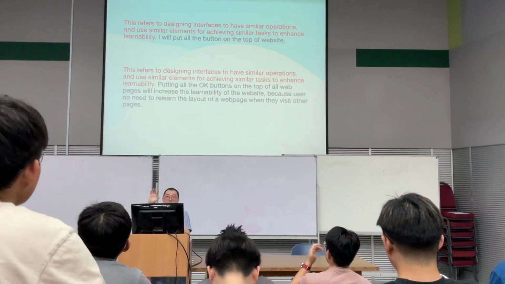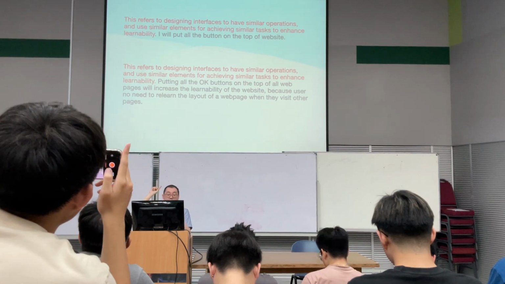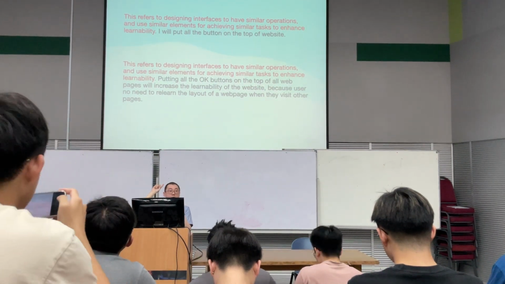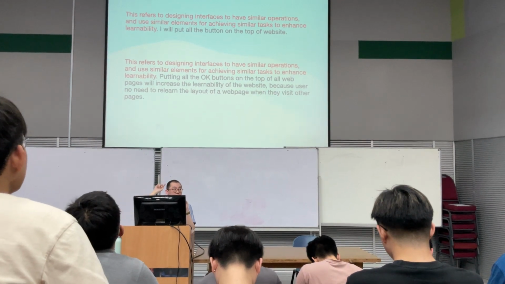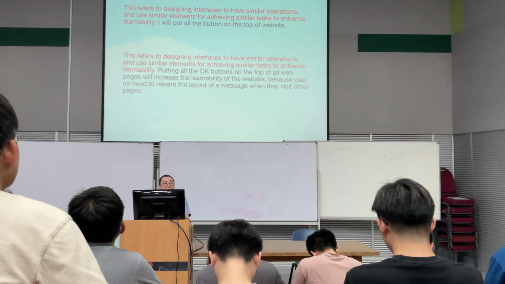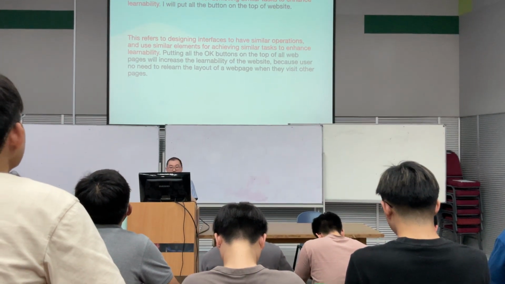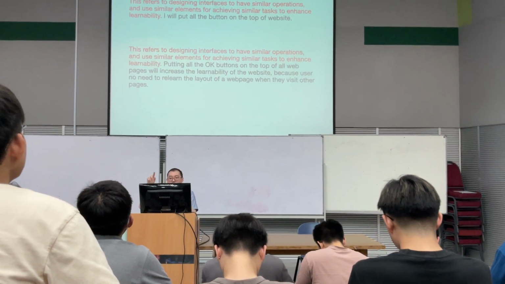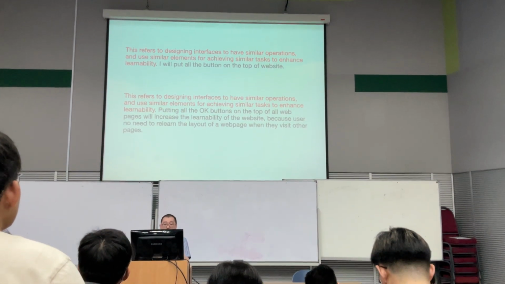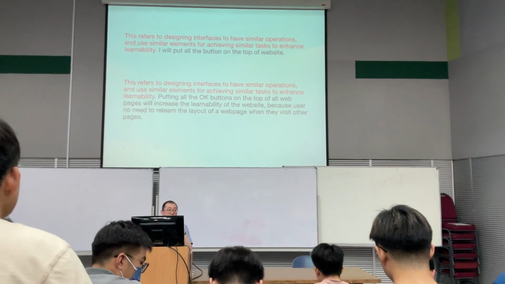In the final exam, there will be a case study. You can see this one doesn't match any example. It doesn't match any specific situation. This is general, which is 1 mark for your explanation. "I will put all the button on the bottom of the website," to me, this whole thing together is considered a general explanation.